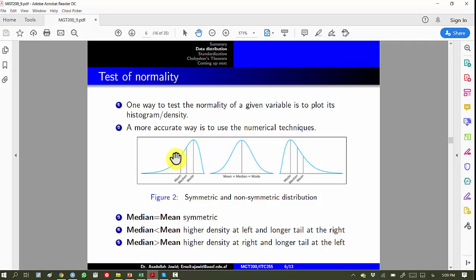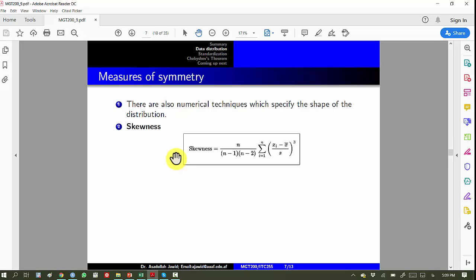In addition to comparing the mean and median, we have specific numerical techniques that specify the shape of the distribution. The first one is skewness. As you can see, the formula is n divided by (n minus 1) times (n minus 2), times the sum of observations minus the mean divided by the standard deviation, everything to the power 3.